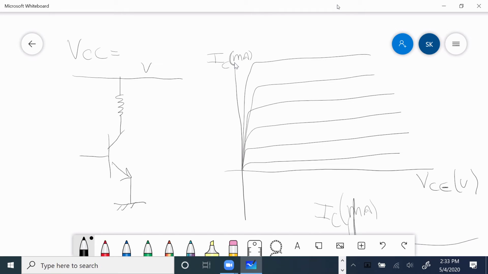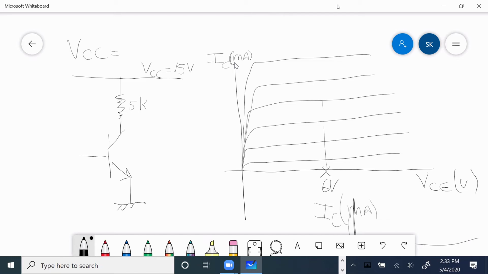If VCC is, for example, 15 volt, and if this RC, the load, is, say, 1K, I'm just making these simple nominal values, but actually let me call it 5K. Now, the characteristic tells me midway should be somewhere, I don't know, call it 6 volt.